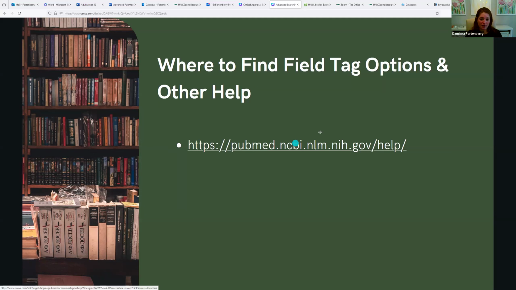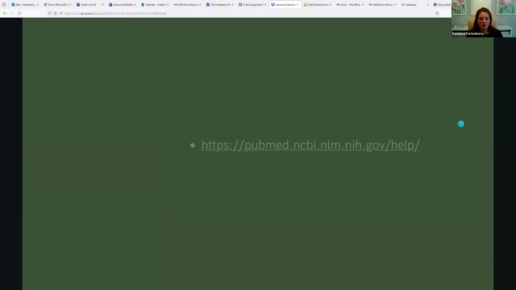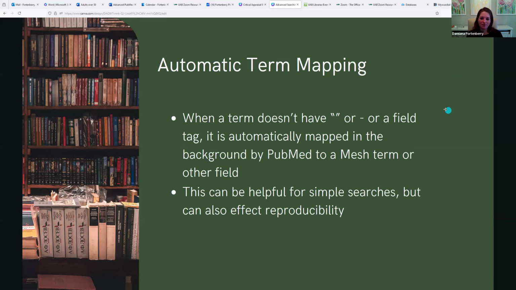And there's a whole chart here at this link. So if you're not sure which field tags might be appropriate or best, you can check out the chart. I will say that the TIAB field tag is pretty great. It's the one I probably use the most often, unless I'm looking for something really super specific.